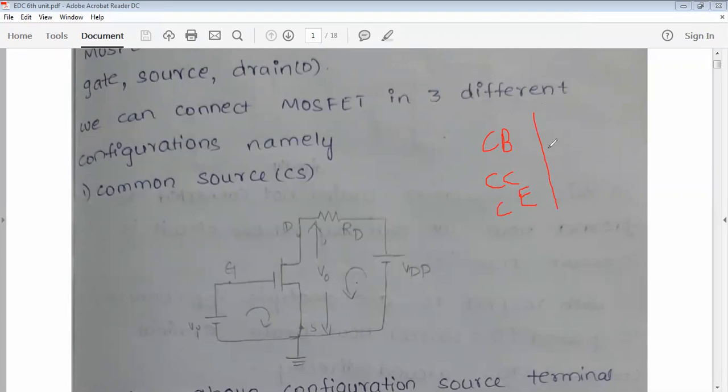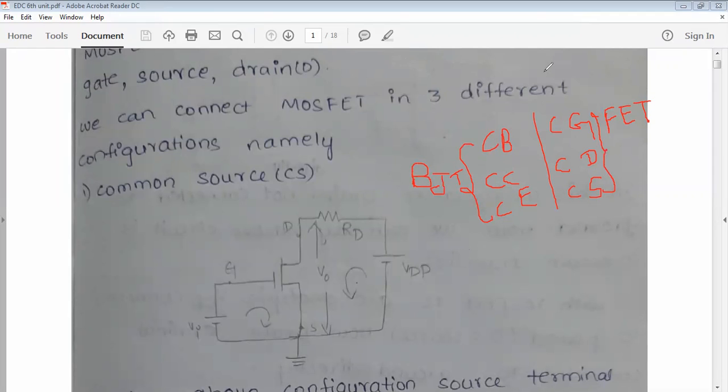In the common gate configuration, the gate terminal is common to input and output. Similarly, we have common drain and common source configurations. We can connect a BJT in three configurations: CB, CC, CE. Similarly, we can connect a FET in three configurations: CG, common gate, CD, common drain, and the last one, common source.